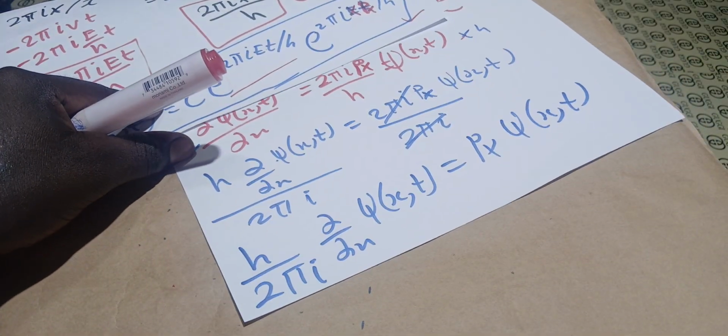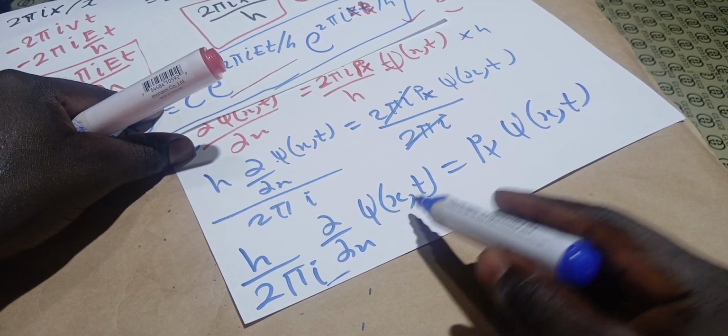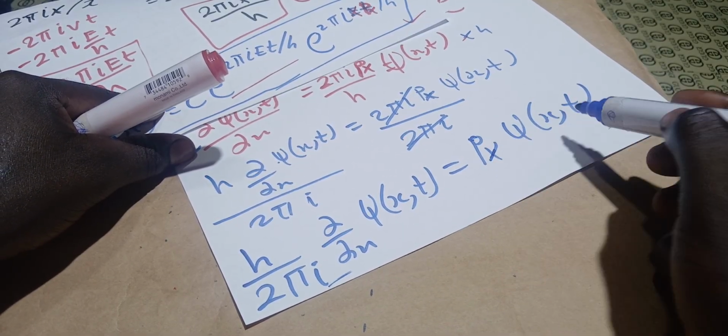So now we have an operator acting on a function to give us momentum in the x direction, right?